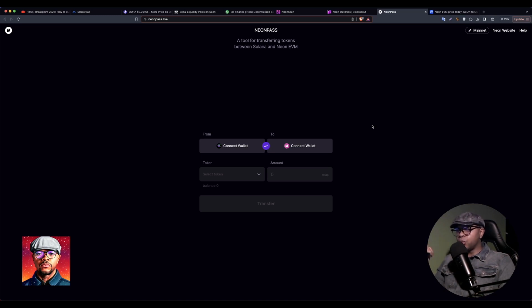But if you withdrew Neon EVM tokens to your Solana wallet, remember that's a wrapped version of the token, but you want to move it over to the mainnet for Neon EVM, then you would use Neon Pass, okay? You would just go here, at default you select your token, connect your wallet, and just go through the process and bridge your tokens over, all right?